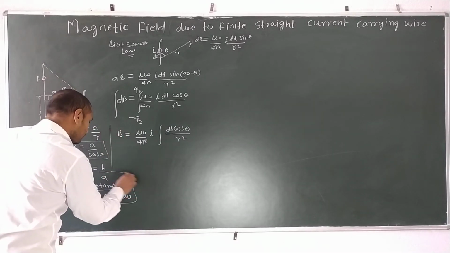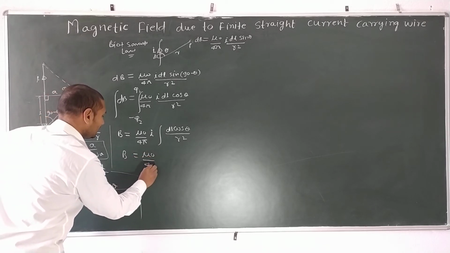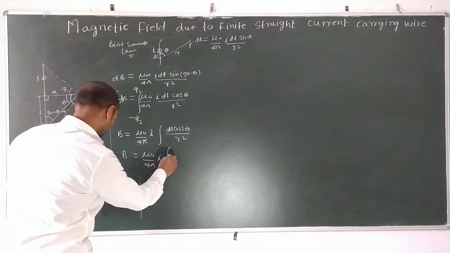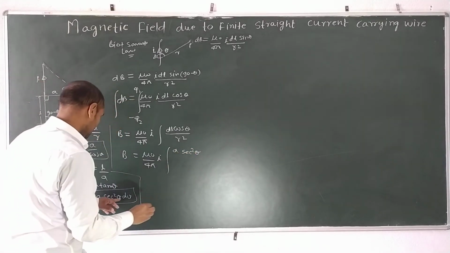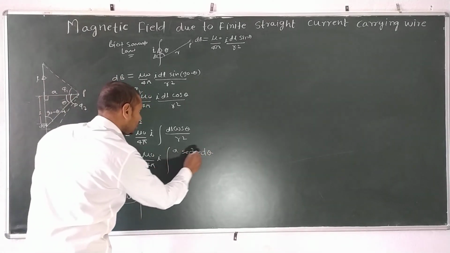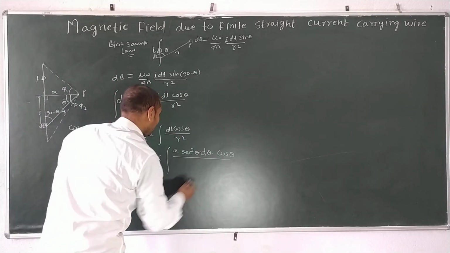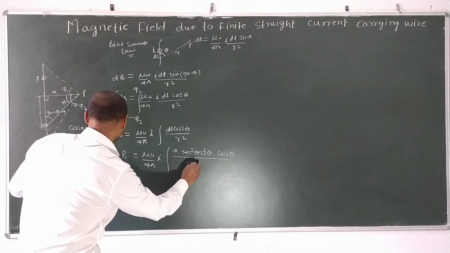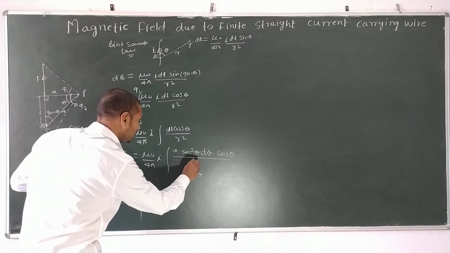Then from here B equals mu naught upon 4 pi I, and in place of dl we put a sec square theta d theta, times cos theta, divided by, in place of r, a divided by cos theta, all squared, so we take a square here.